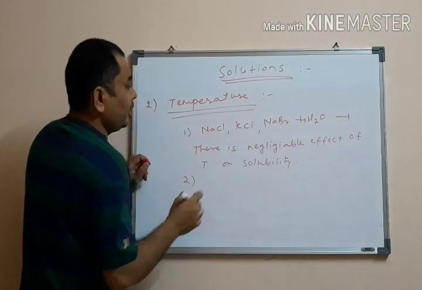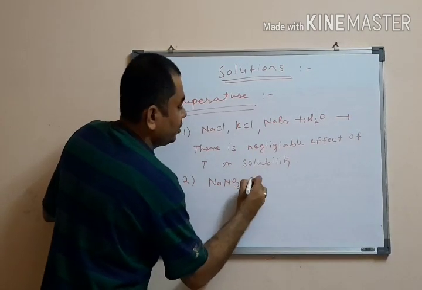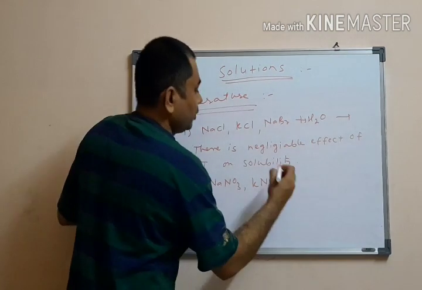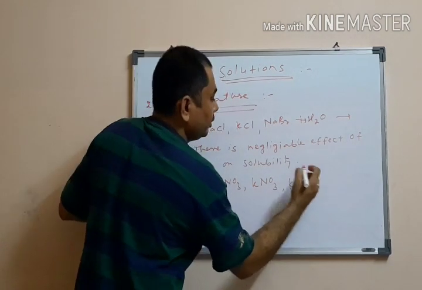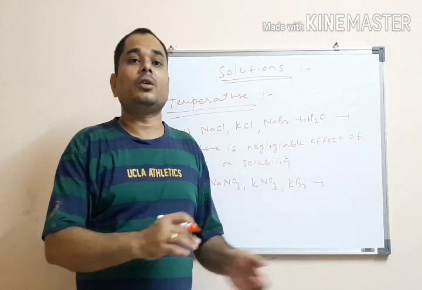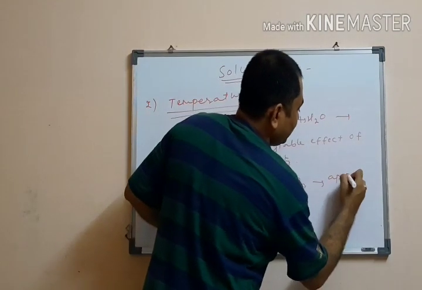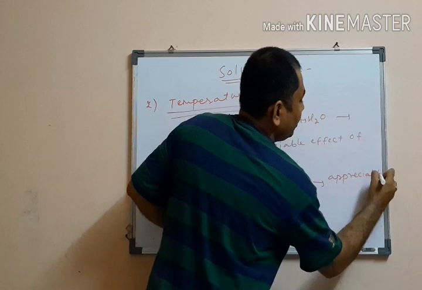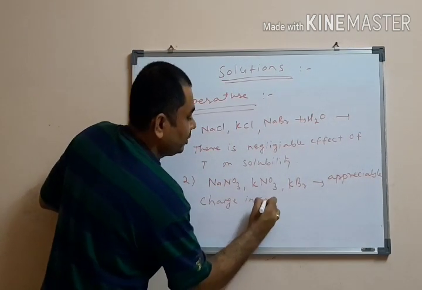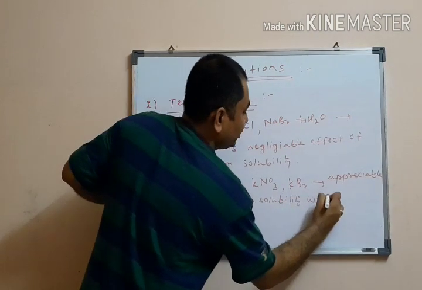Whereas in case of compounds like sodium nitrate, potassium nitrate, KBr, potassium bromide, in these cases the effect of temperature on the solubility is appreciable. So there is appreciable change in solubility with temperature.